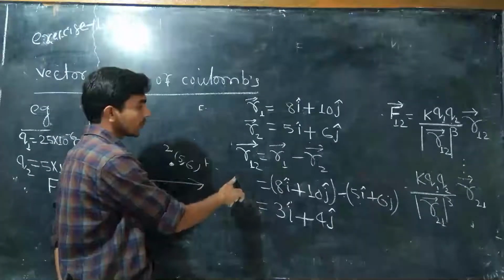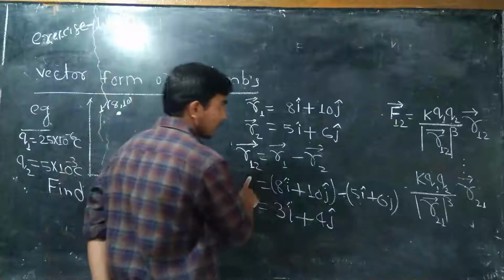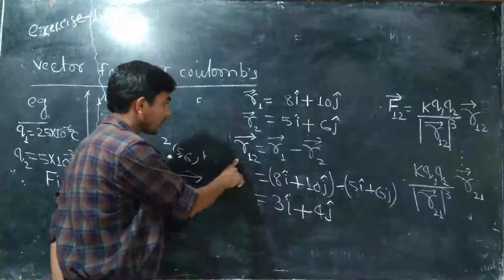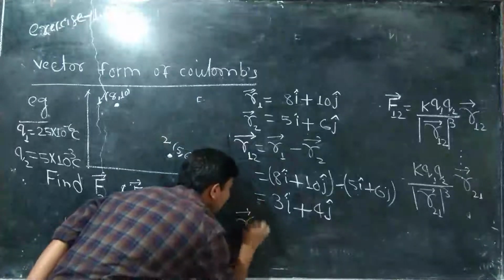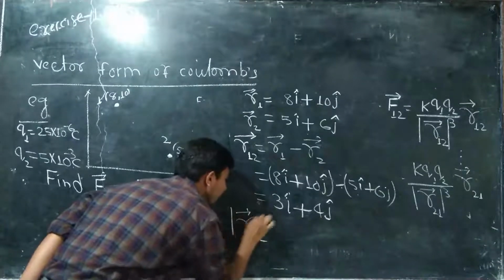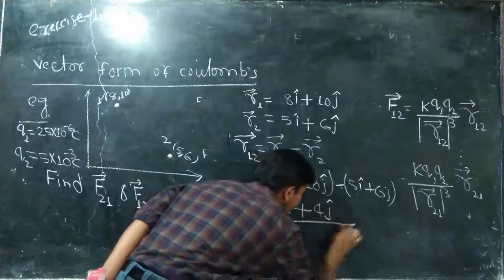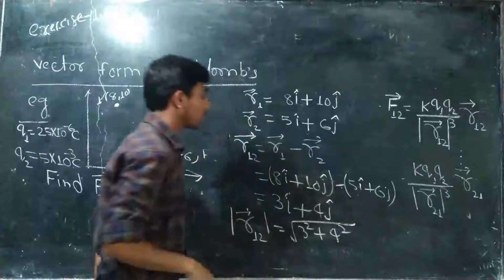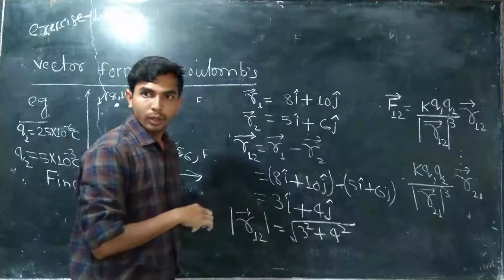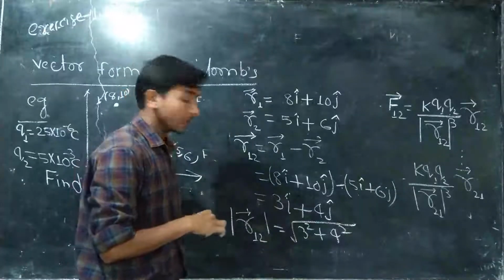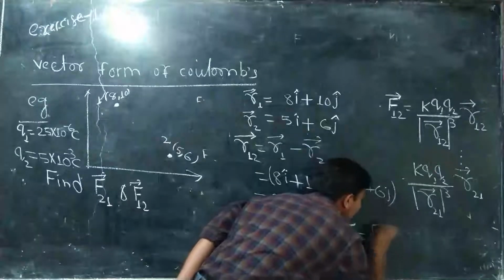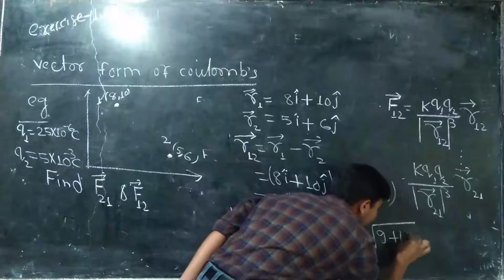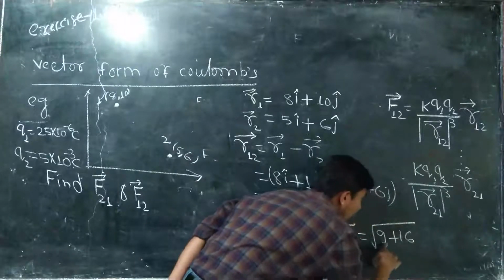Similarly, we are also able to calculate the magnitude of this one. How much is the magnitude? The magnitude of the R12 vector is basically root under 3 square plus 4 square. 3 square means 9 and 4 square means 16, so this is 25.